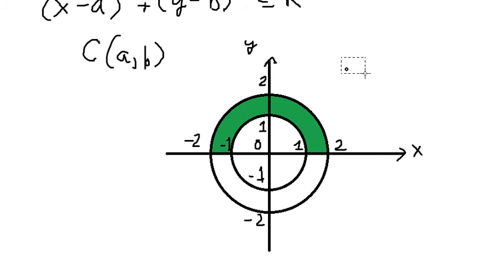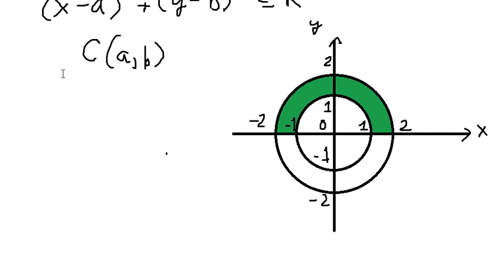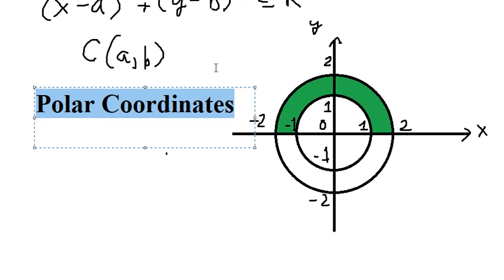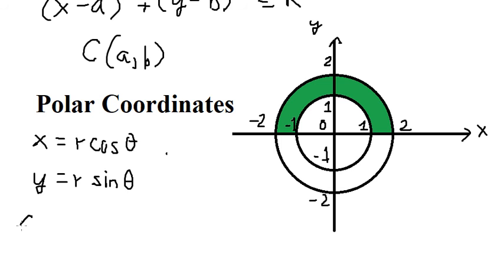Next, we can use polar coordinates. So I will put x equals r cosine theta, y equals r sine theta, and dy dx we need to change to r dr d theta.